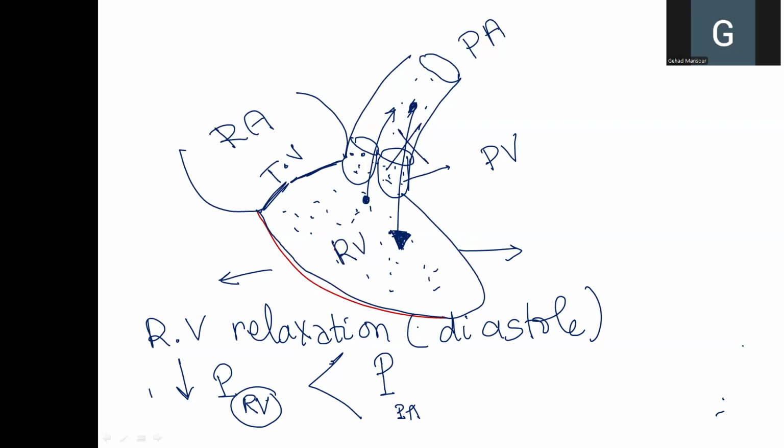So how would the heart manage to prevent this backflow that might occur because the pressure in the pulmonary artery is higher than in the right ventricle? By closing the valves. Now the valve is ready to be closed at the beginning of diastole.